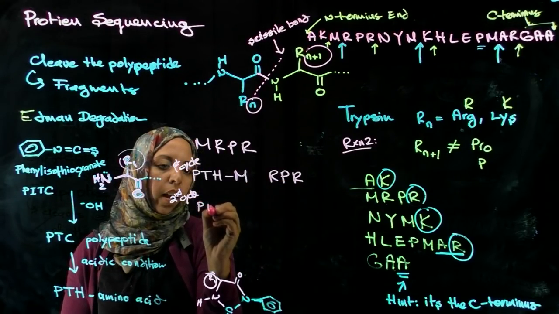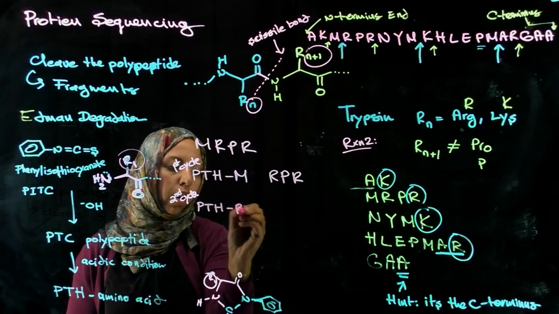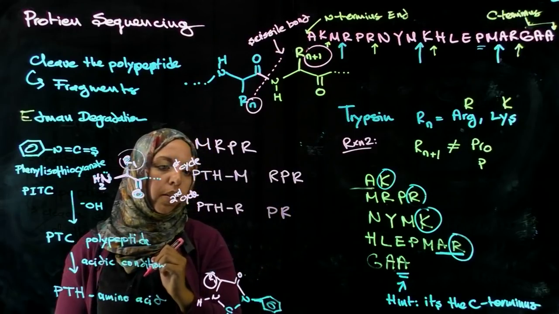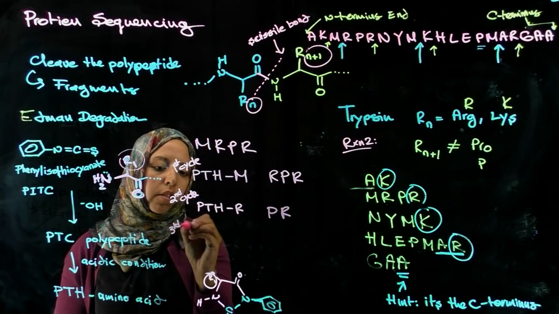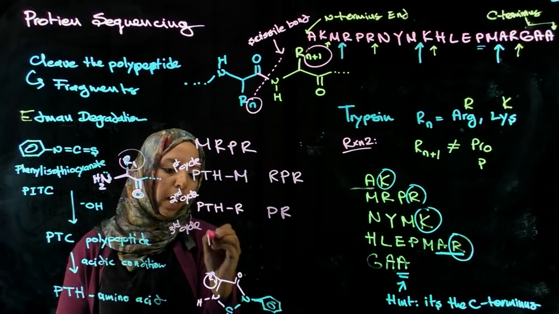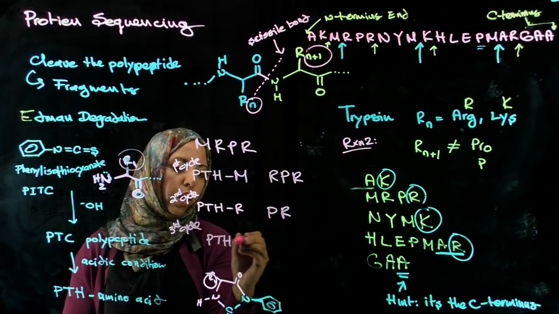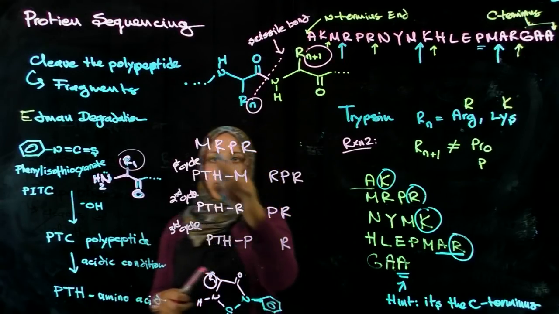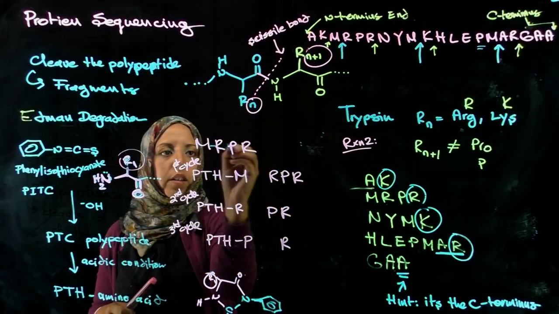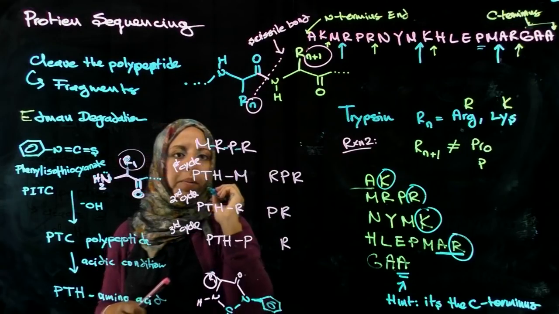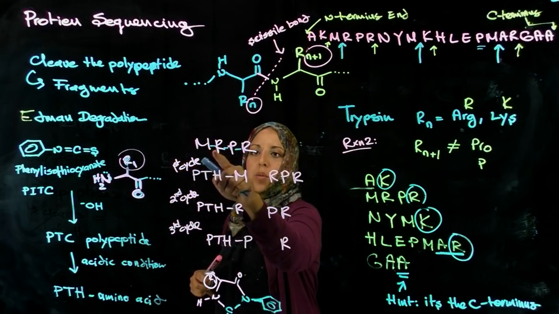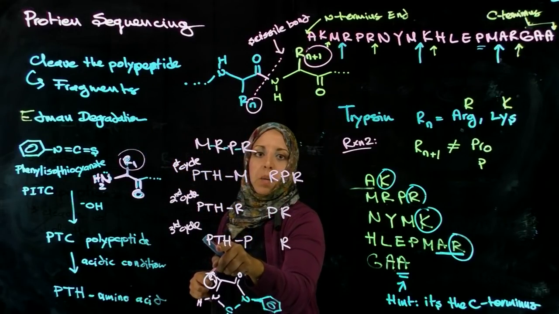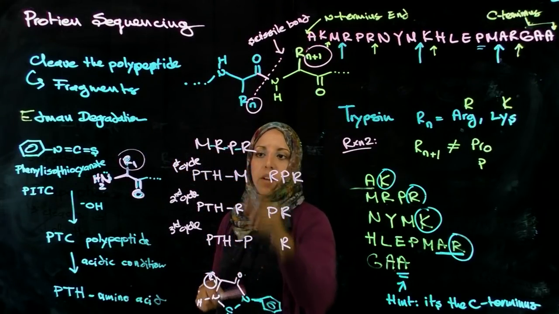So then you get a new PTH R adduct and the rest, which is P and R, right? And at the third cycle, you would get PTH proline adduct, and you'd get arginine on its own. So if you have a peptide sequence that has 1, 2, 3 peptide bonds, right, it would require 3 cycles of Edman degradation to completely be able to identify each amino acid in the sequence.